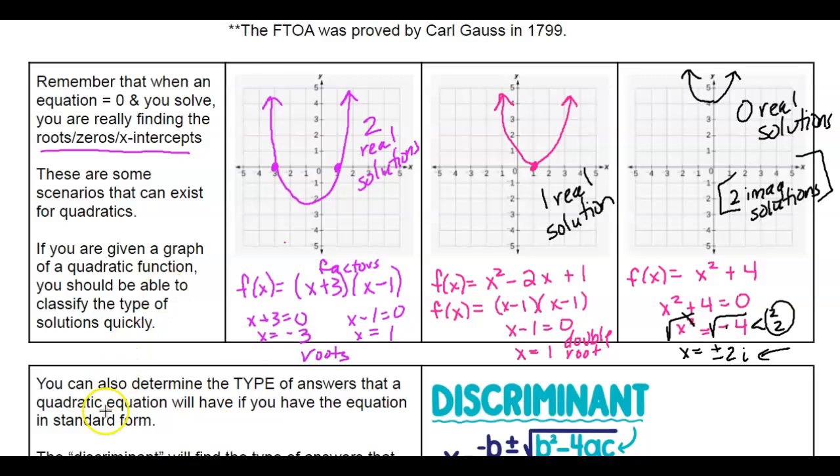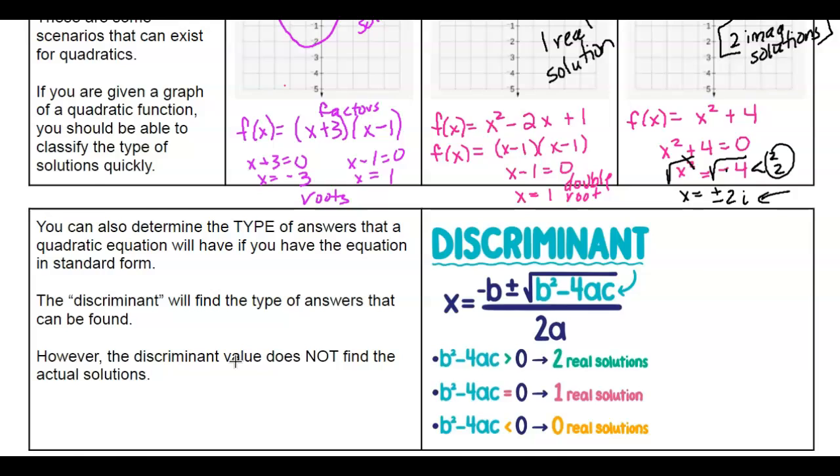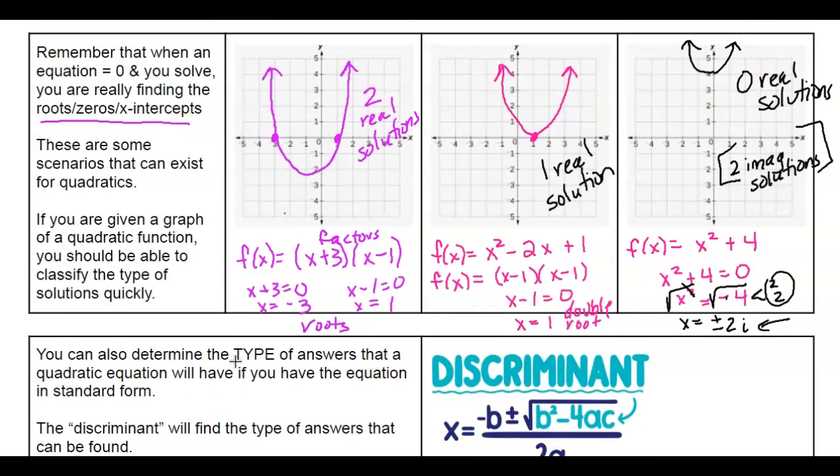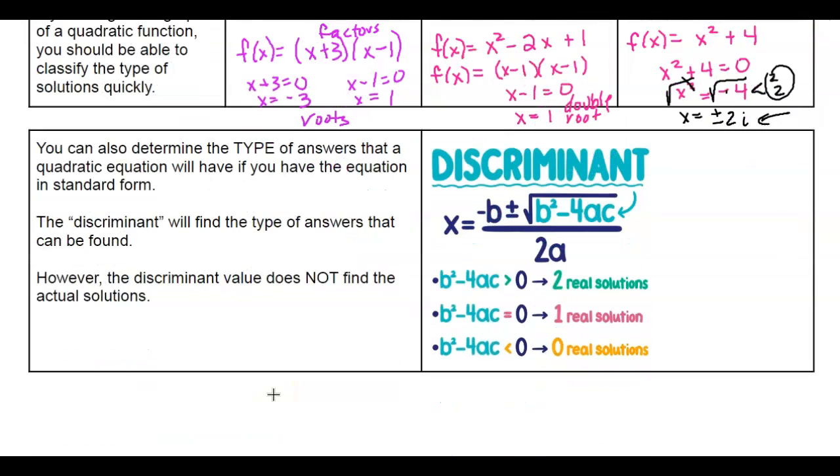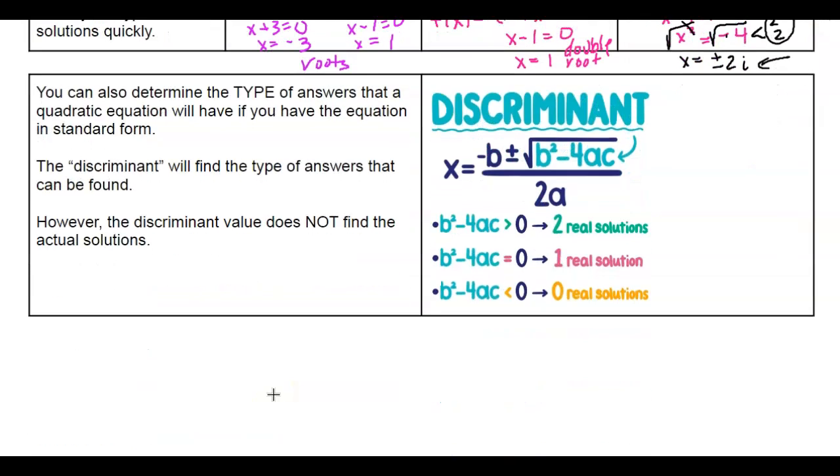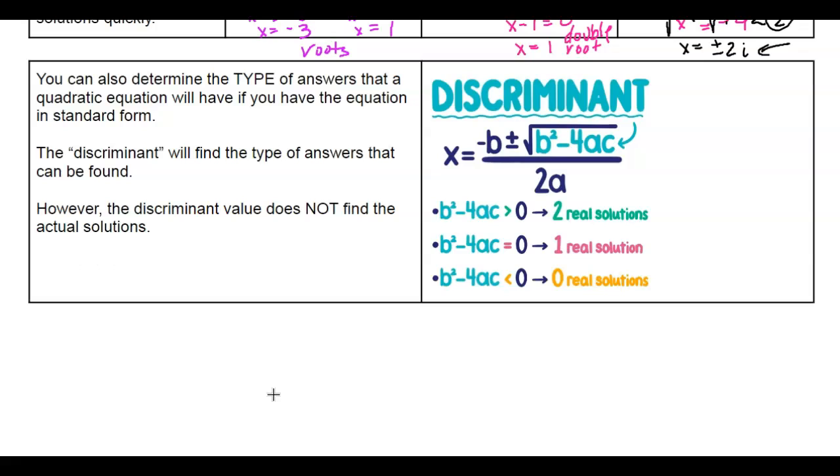Okay, so another way for us without having to factor and make tables and solve is to find a value that's called the discriminant. So the discriminant should look familiar. Remember, this is the quadratic formula: negative b plus or minus the root of b squared minus 4ac, all over 2a.